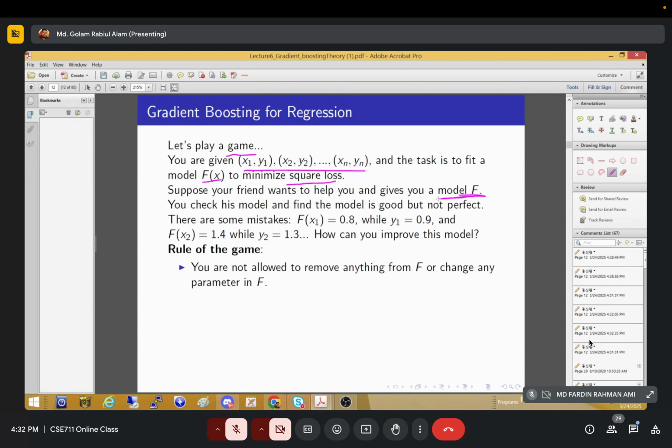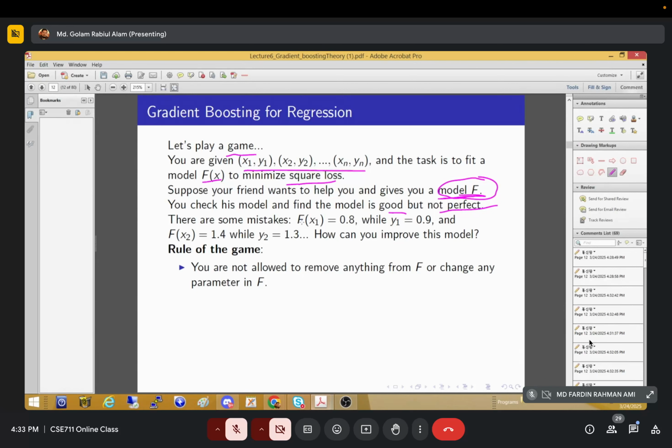You check the model and find the model is good but not perfect. It means that the model your friend gave is the model you already have, and that model is not perfect. It has some sort of errors.